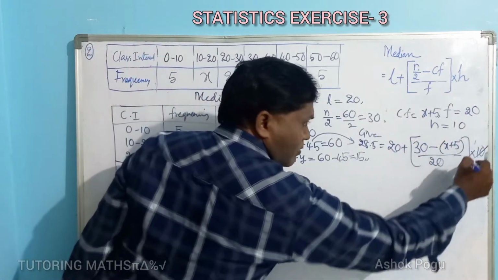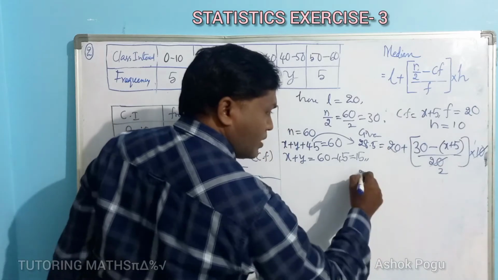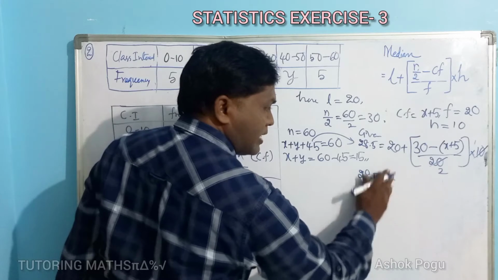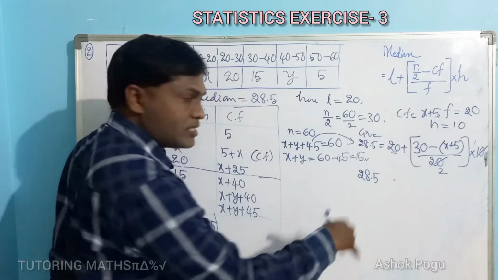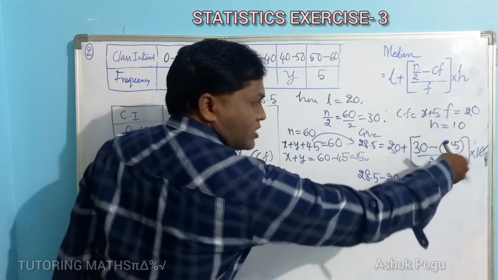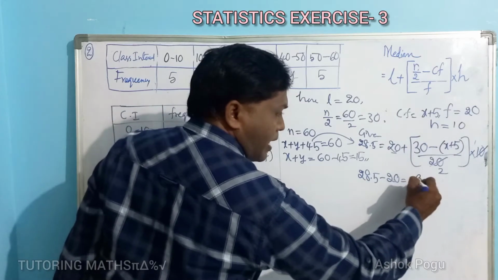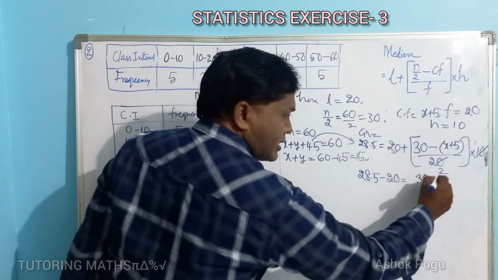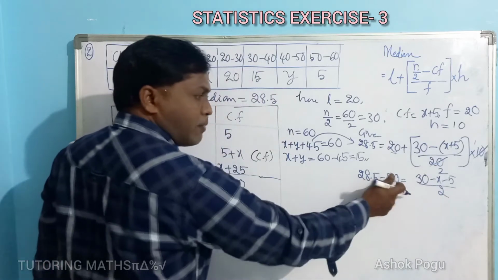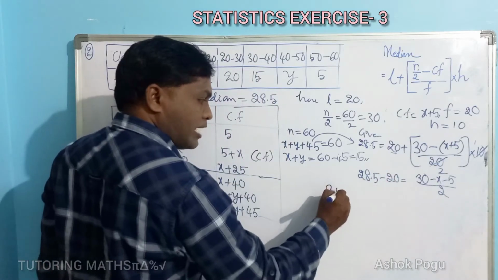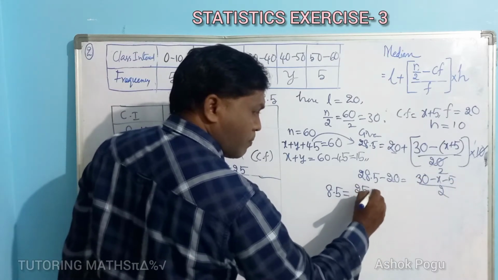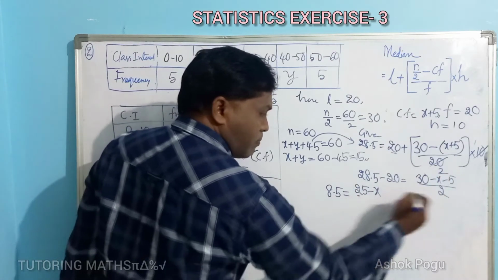And let us solve this. 10 ones are 10, 10 twos are 20. So we get 28.5 is equal to 20 plus 30 minus x plus 5 by 2. Let us shift 20 to the left side; plus 20 becomes minus 20. 28.5 minus 20, you get 8.5, equal to 30 minus 5, that is 25 minus x by 2.